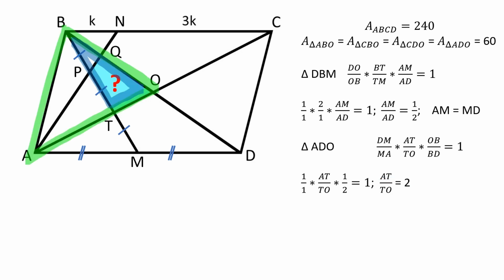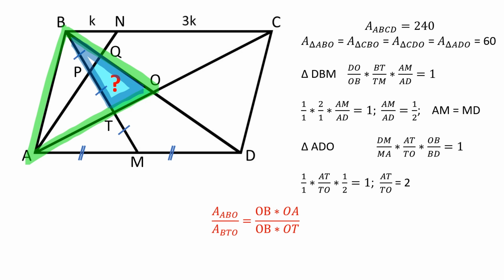Let's review the triangles ABO and BTO. The ratio of the area of the triangle ABO over the area of the triangle BTO is equal to the ratio of the product of OB and OA over the product of OB and OT.